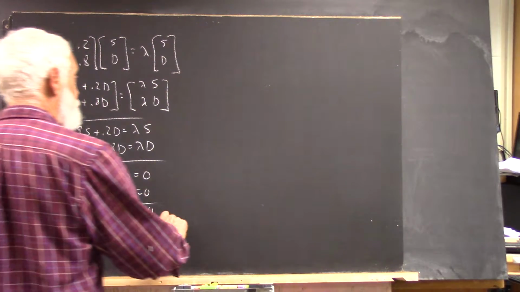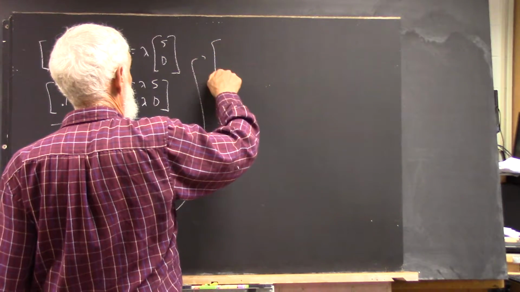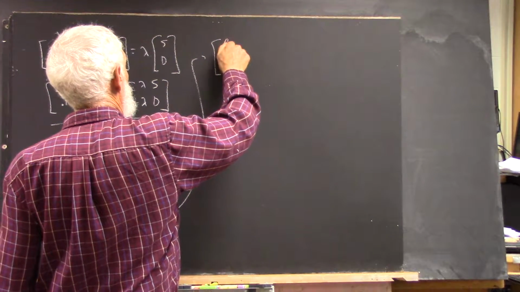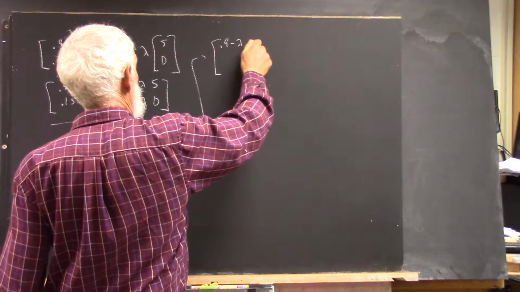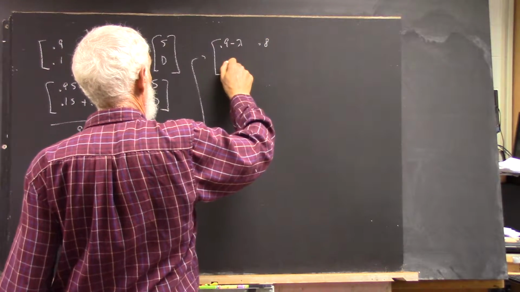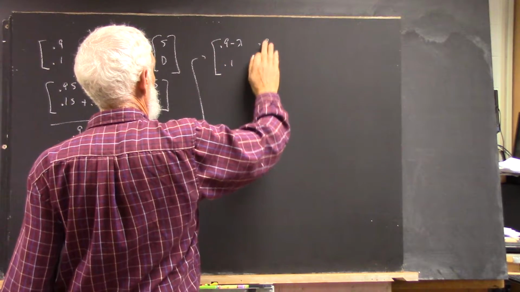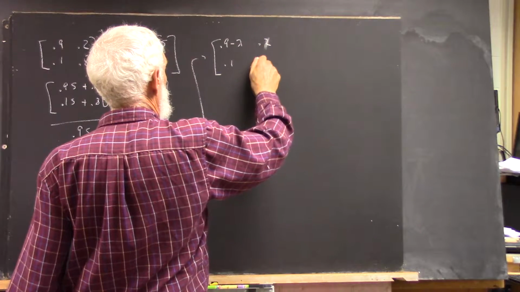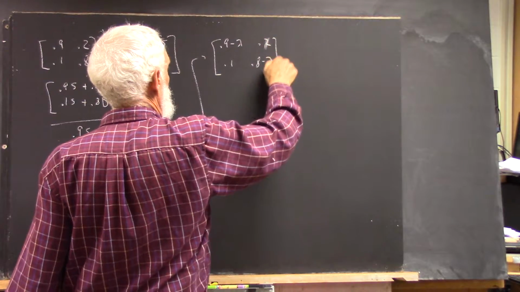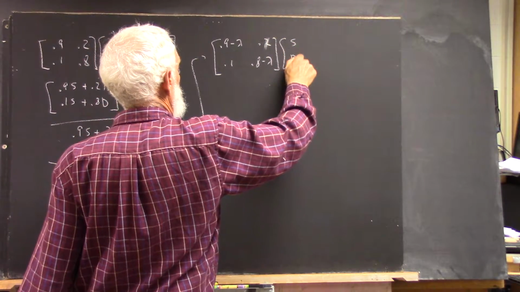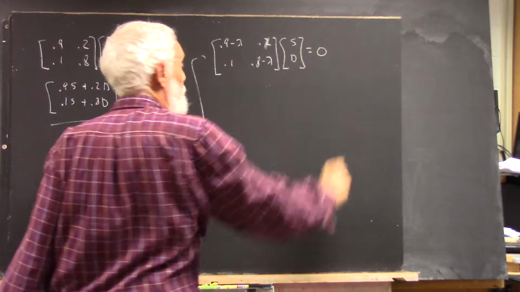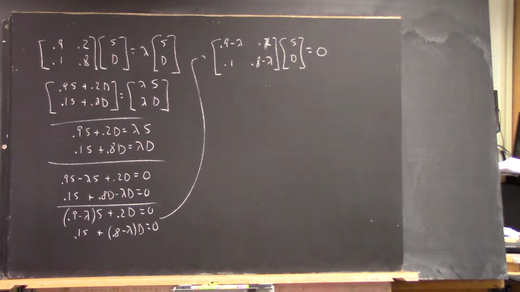And that is just the system: [0.9 minus lambda, 0.2; 0.1, 0.8 minus lambda] times (S, D) equals 0. Okay?